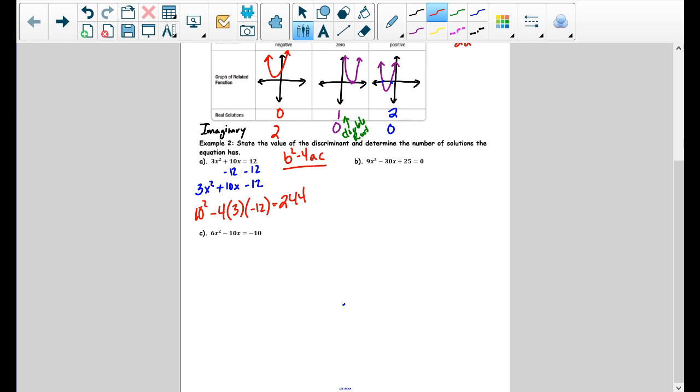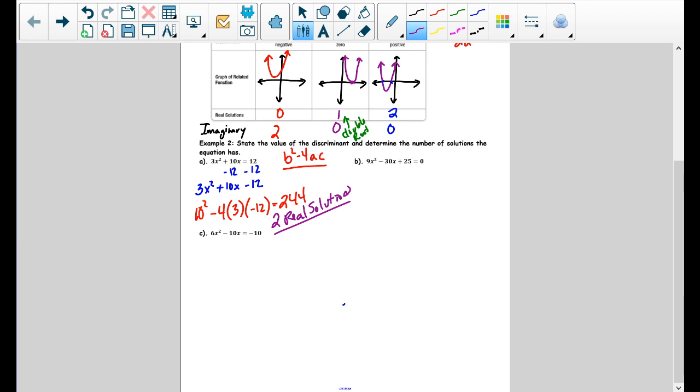So positive number, 2 real solutions. And that's all we're doing with the discriminant.